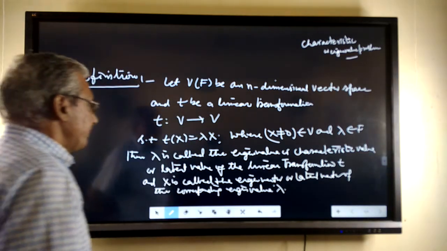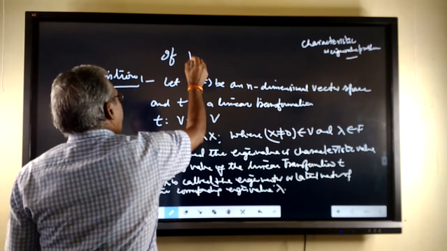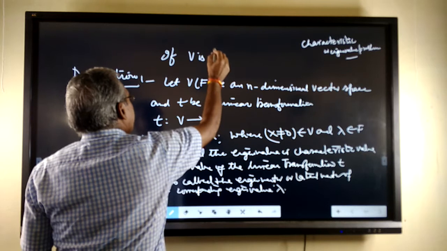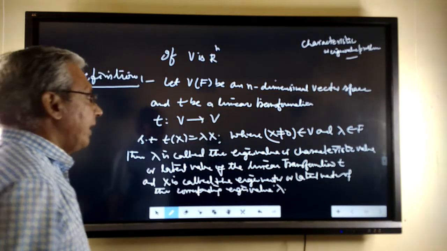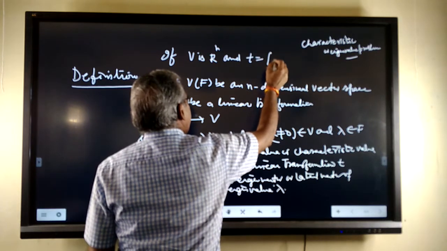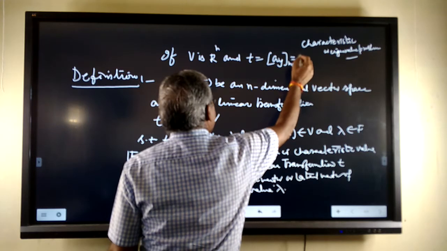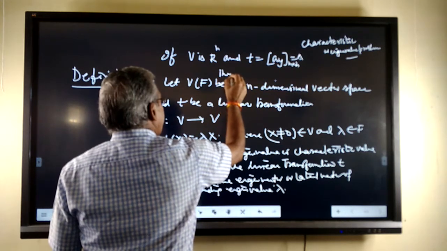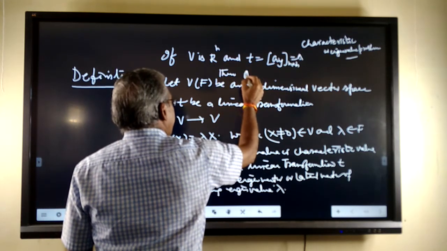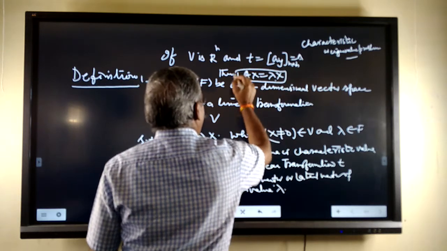If V is R to the power n and T is A, an n by n matrix (aij), then we can say Ax equals lambda x.